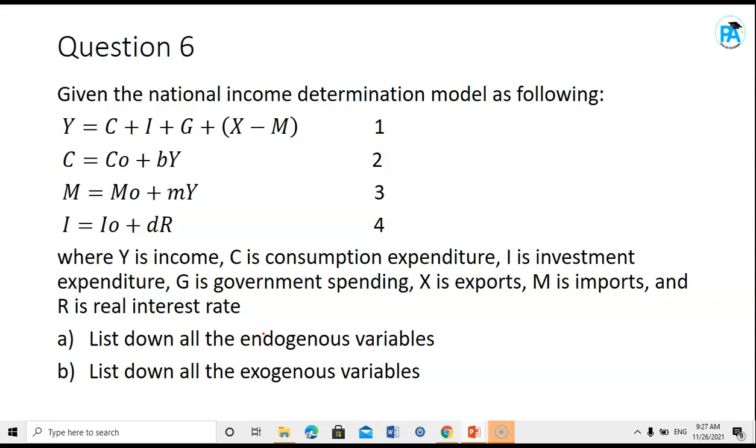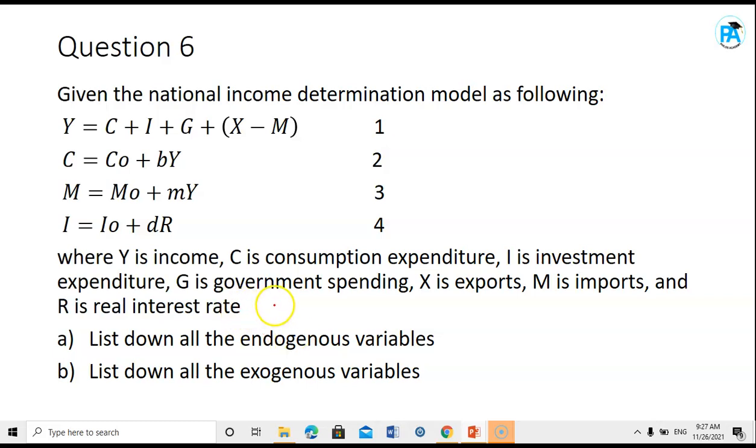Whereas exogenous variables, write it down. Exogenous variables are variables whose value is determined outside the model, and is imposed on the model. Let's look at how this works.